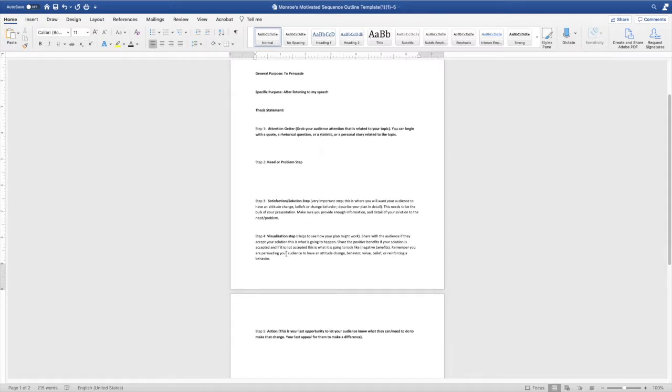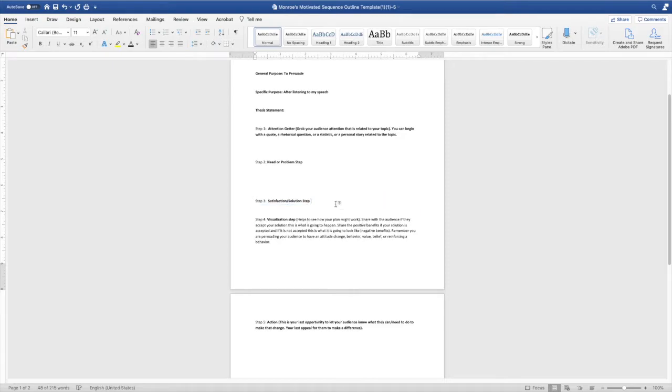Then step 4 is the visualization step. Again, remember, you delete the information, the instruction, and then you type in your information. This is where you're going to have your audience visualize how your plan might work.